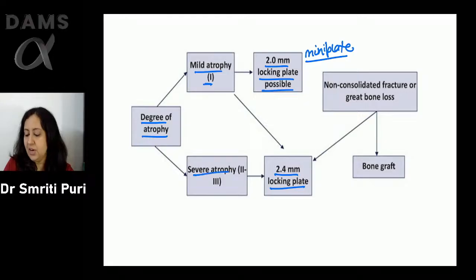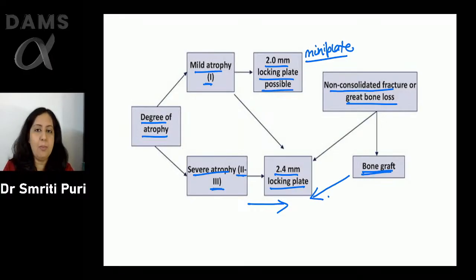Now, if there is severe atrophy, that is class 2 or class 3, you can use a 2.4 mm locking plate. And if there is a non-consolidated fracture, that means a non-union fracture scenario, or there is bone loss, or there is a discontinuity defect, then you have to use a bone graft and also secure it with the help of a 2.4 mm locking plate.